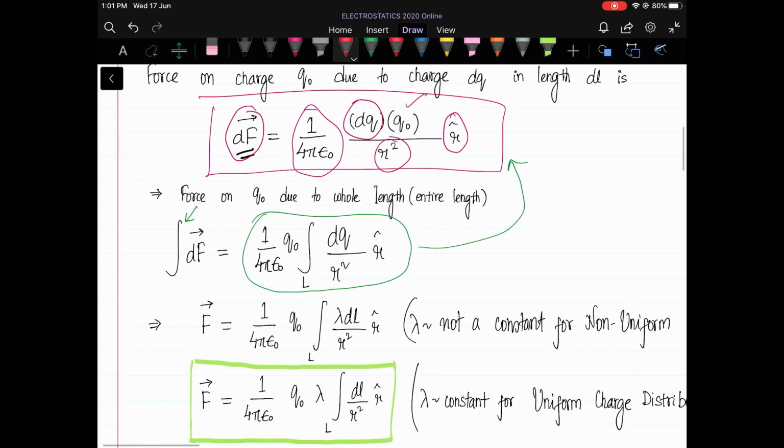So you can see I have taken the 1 by 4 pi epsilon naught outside, which is constant when I integrate. The q naught is of course a constant, but we are adding up all the charges in that entire length, so we have written dq inside the integration. The r is again inside the integration because it is not a constant.